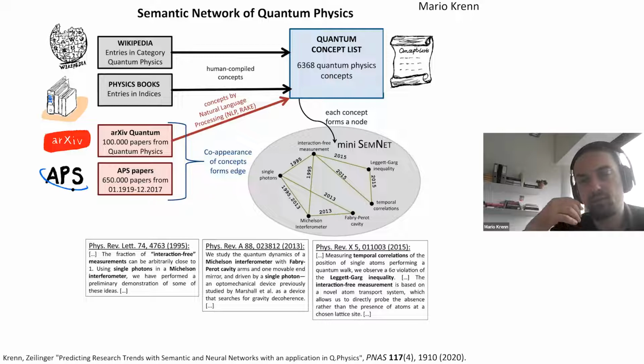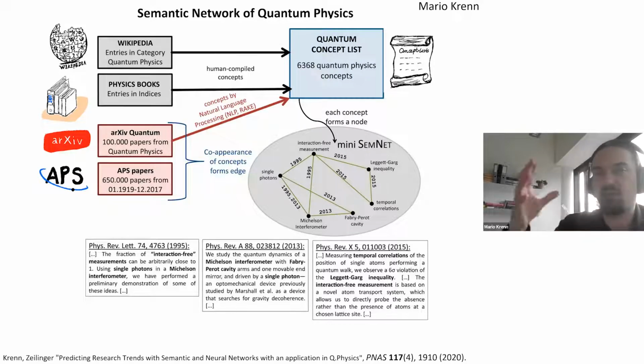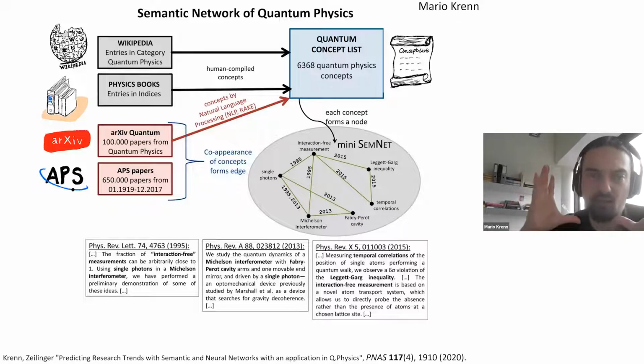And the connections are drawn when one paper investigates these two concepts together. And for that, I use the arXiv articles and all papers that have ever been published by the American Physical Society. Here, basically, they are able to provide the metadata for all of the articles, and that was sufficient for me because I was only working with abstracts and titles.